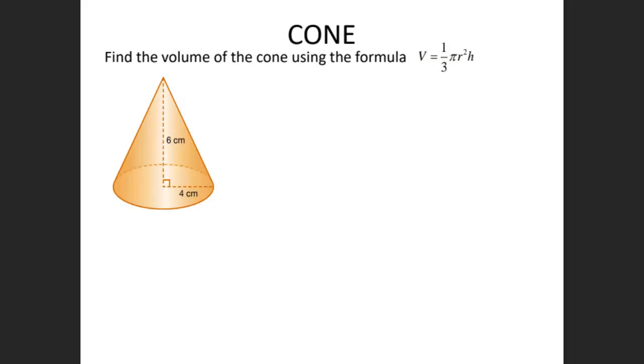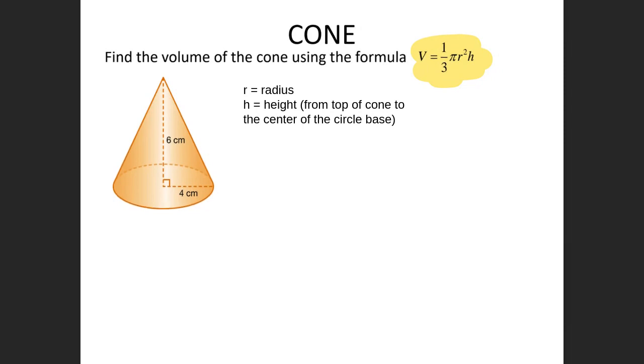The only difference is you have to know that the R in the formula is equal to the radius, and the H equals height from top of cone to the center of the circle base. As long as you know those two things, life's easy.